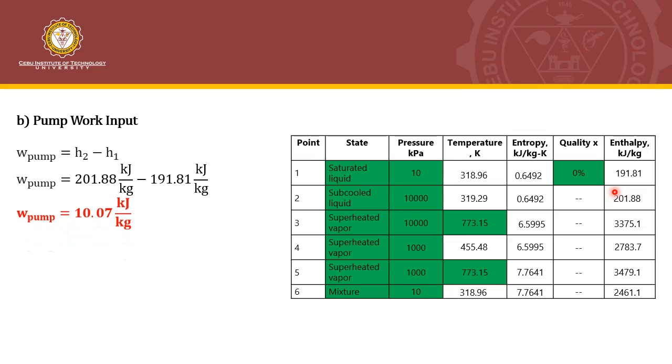So we can get the pump work input, and that's 10.07 kilojoules per kilogram. If you would like to convert it to kilowatt or megawatt, you simply have to multiply this with the mass flow rate. Since we do not have the value of the mass flow rate yet, we will just keep it as kilojoules per kilogram.